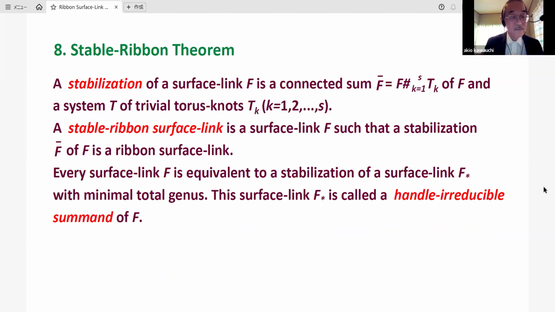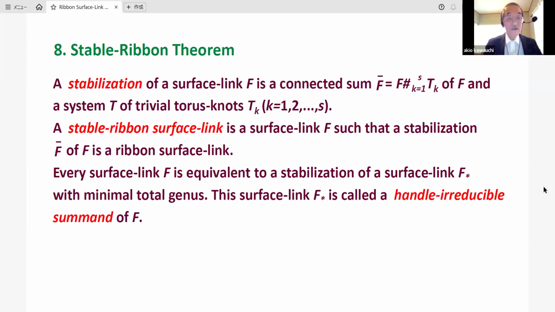Next is the final section. A stabilization of a surface link F is a connected sum of F and a system of trivial torus knots. A stable ribbon surface link is a surface link F such that a stabilization of F is a ribbon surface link.